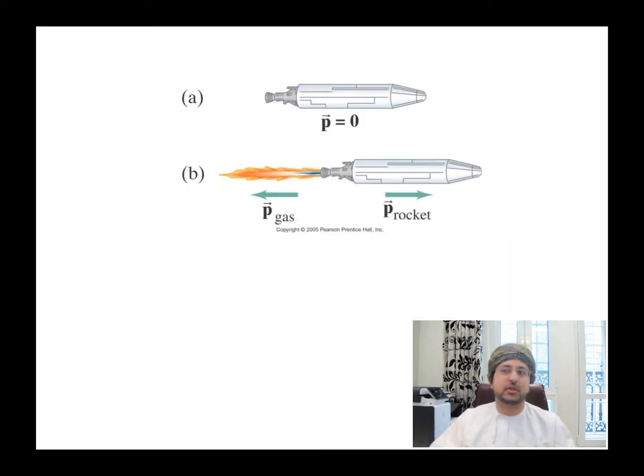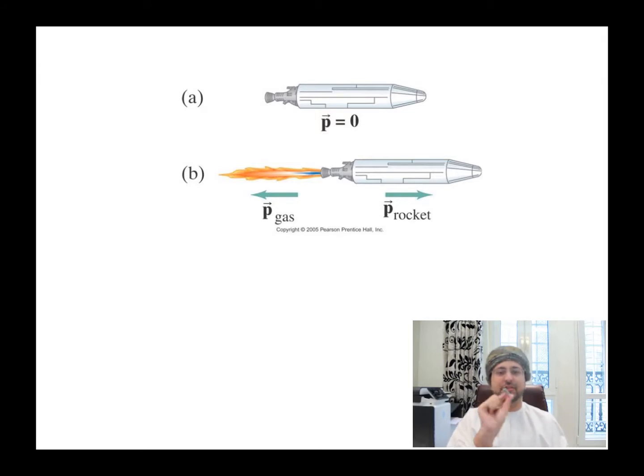Let's take the first result, a rocket. A rocket is in outer space, it's doing nothing, it's just standing like this. Velocity 0, p equals mv, momentum 0. Good enough? Now how does it move? It cannot hold onto anything, it's in vacuum, it's in space. So what does it do? It starts thrusting gas from the backside. Now that gas is moving at a velocity, p is equal to mv.